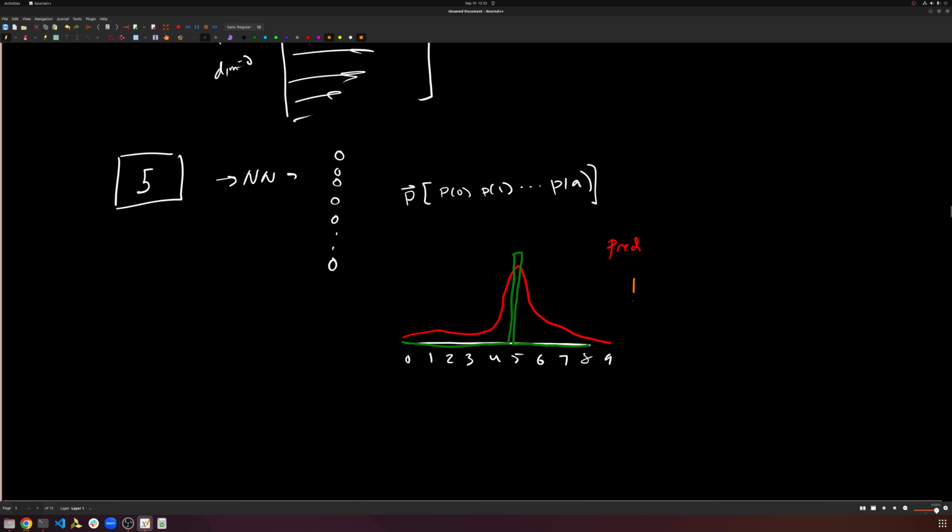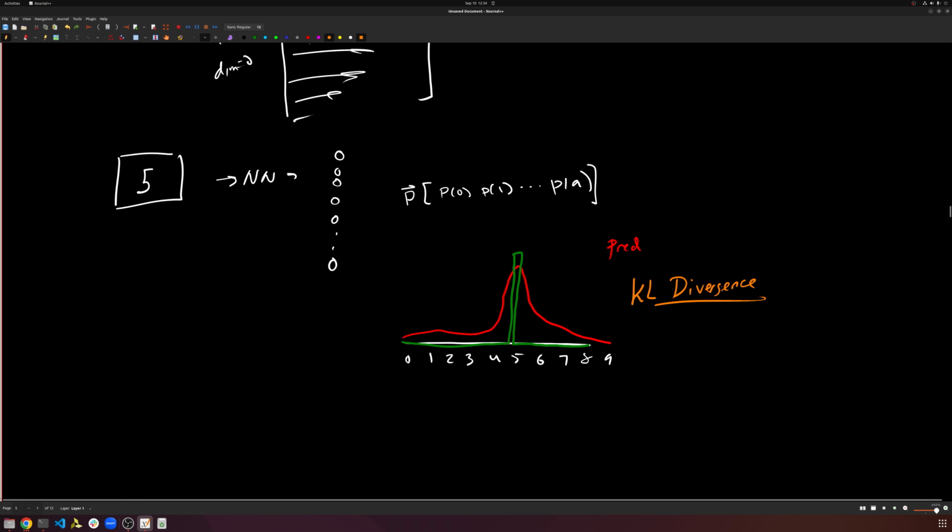If you don't know what that is, no big deal. KL divergence is basically just the measure of the discrepancy, or the distance, between these two distributions.